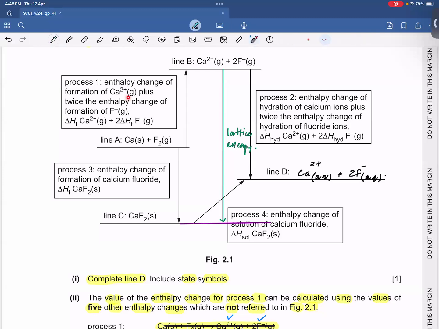So examiner is looking for process 1 and process 3, which means these two processes equal to this one. These two processes equal to this one, meaning how can we write that? So let me write it.